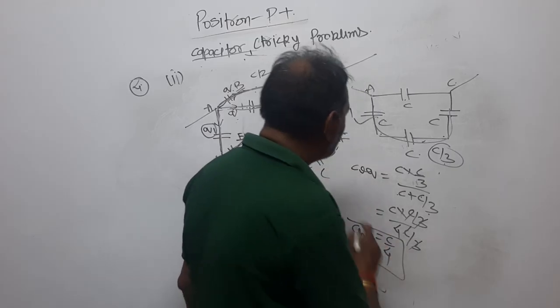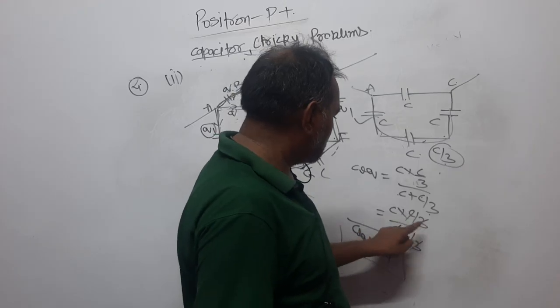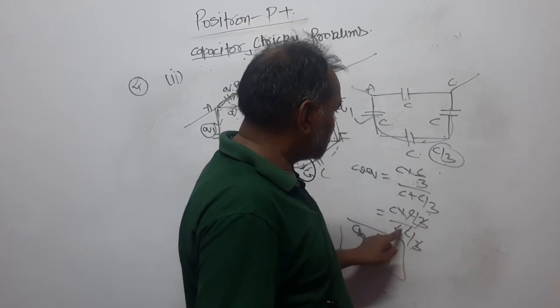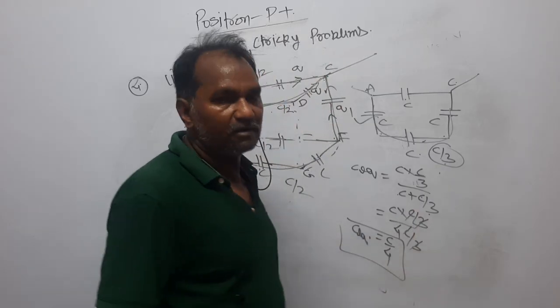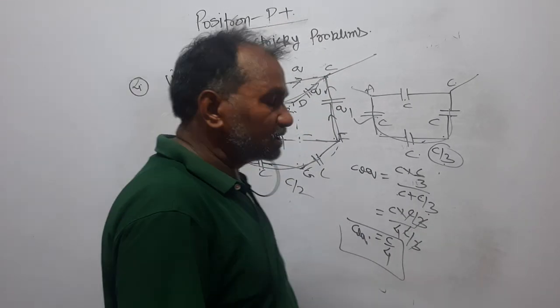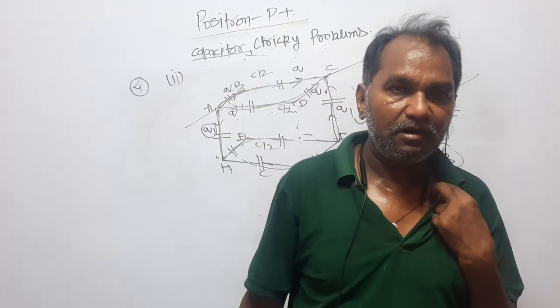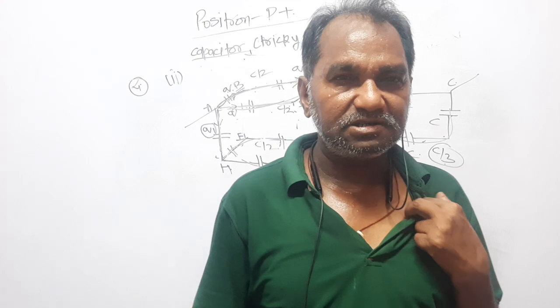Am I right? C into C by 3 over C plus C by 3, that is 4C by 3, 3 will cancel, C will cancel, this is C by 4, right?